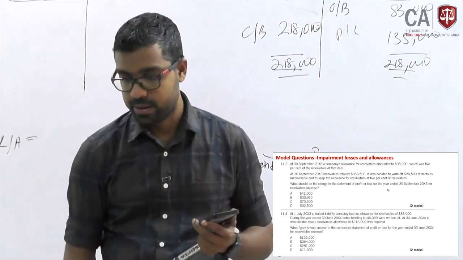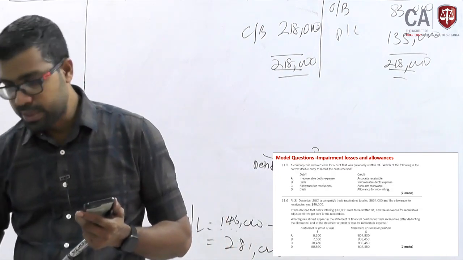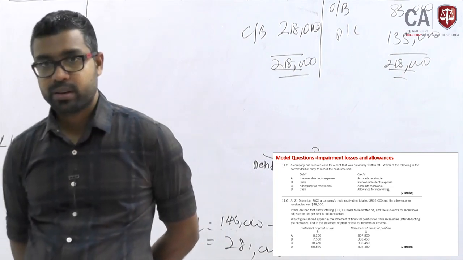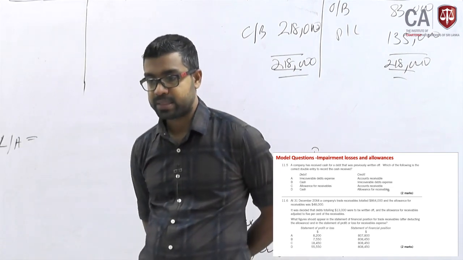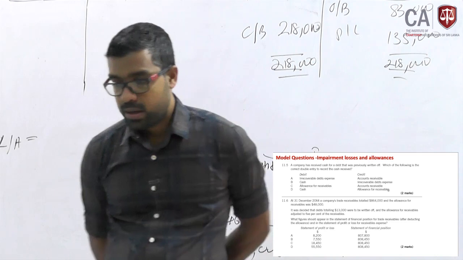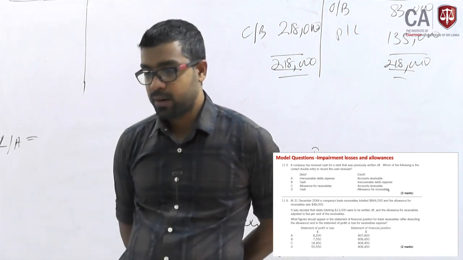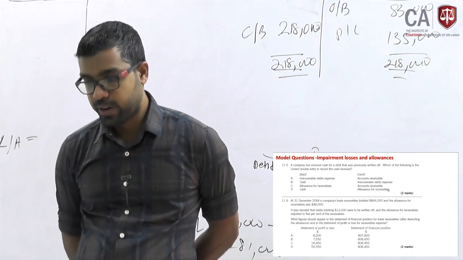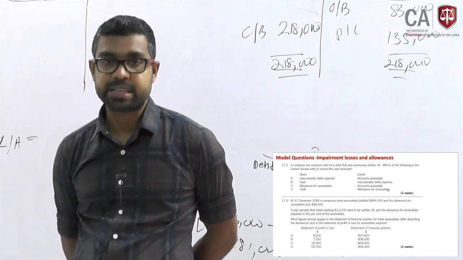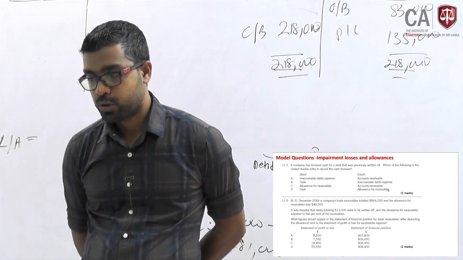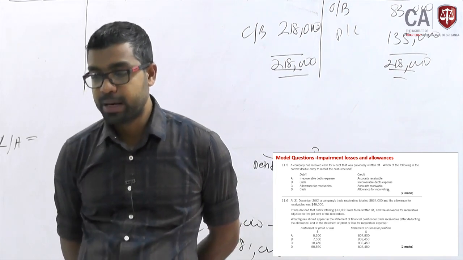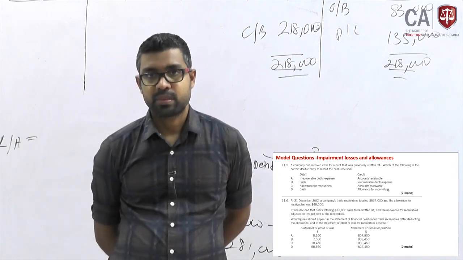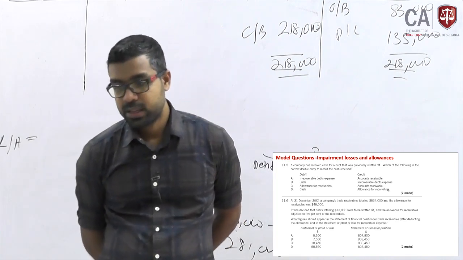Question number 5. Not a calculation, but they are asking for the double entry. A company has received cash for a debt that was previously written off. Which of the following is the correct double entry to record cash received? We have discussed that.